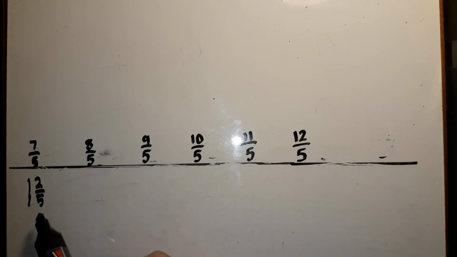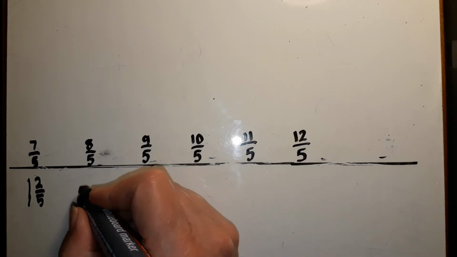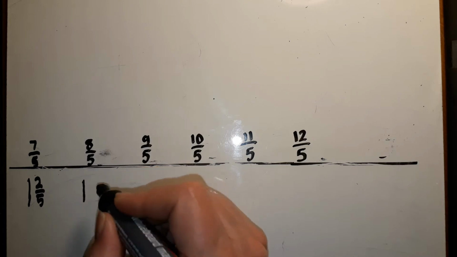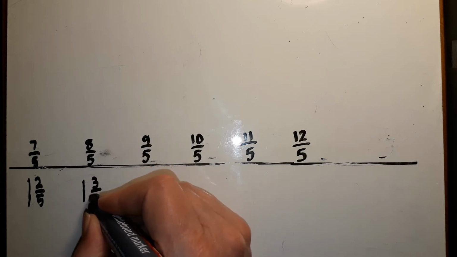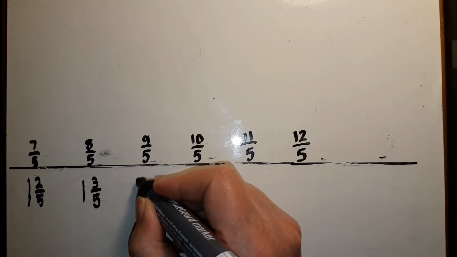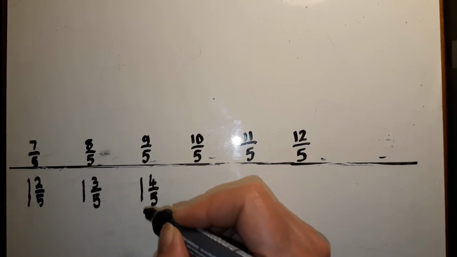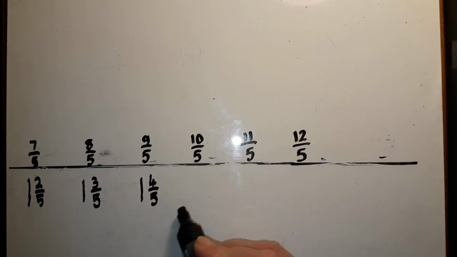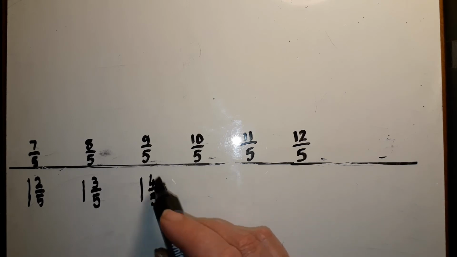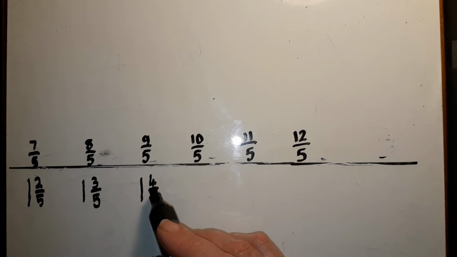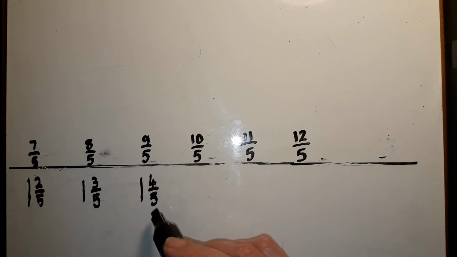Okay, so we're now going to continue our mixed numbers. 1 whole and 3 fifths, 1 whole and 4 fifths, and this is the tricky one because you need to remember that when you add another fifth to 4 fifths, you're actually making another whole one.